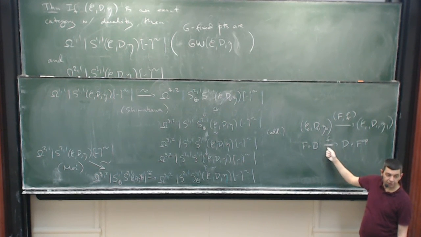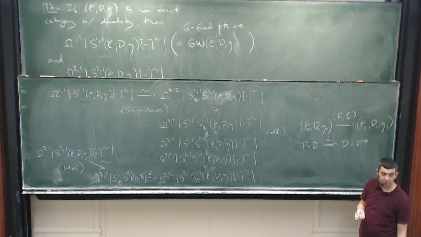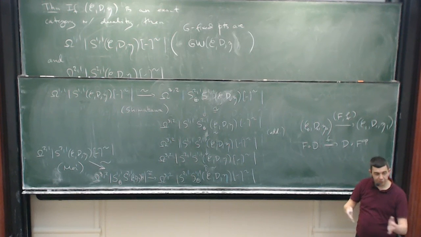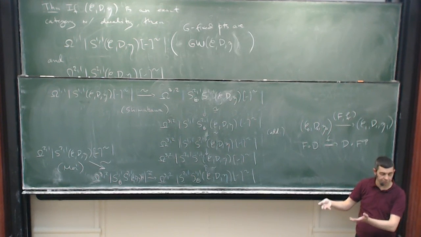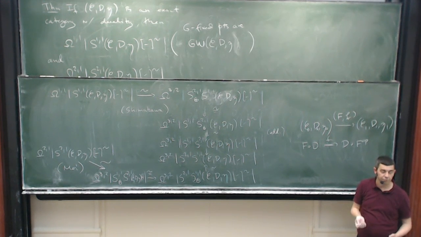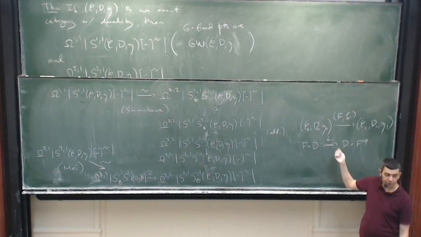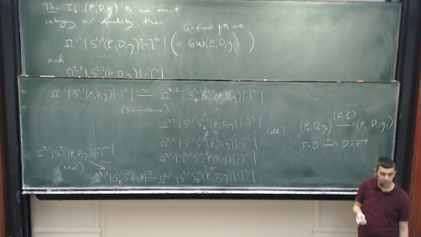This need not be invertible. I'm not assuming that this is invertible. Why do I not? Because in spaces two morphisms are automatically invertible. So you don't need that.